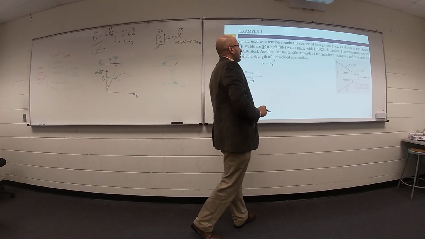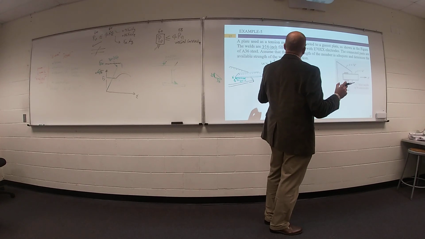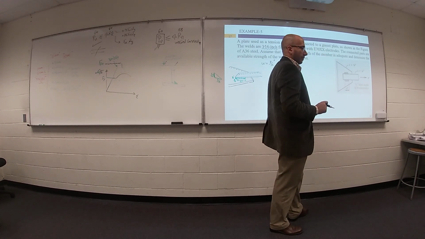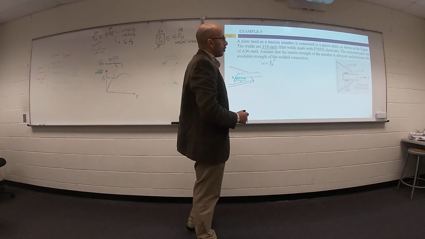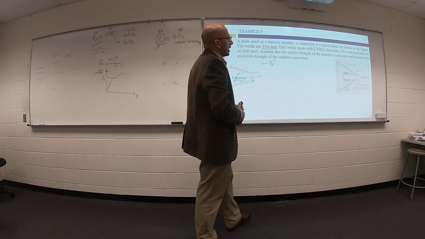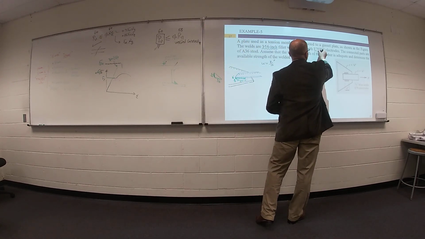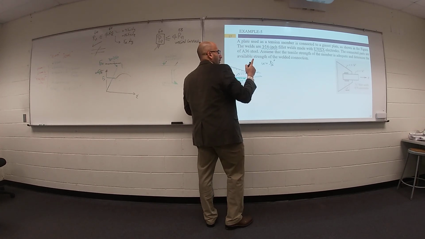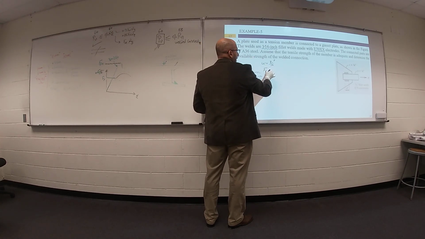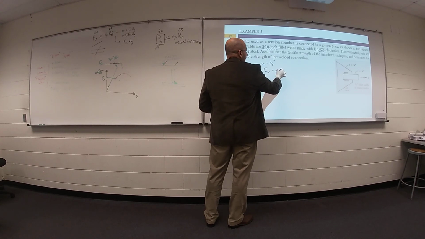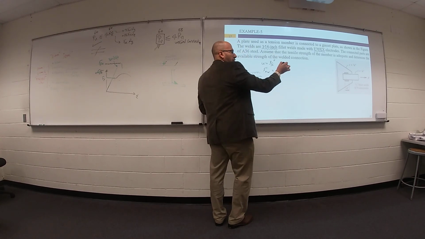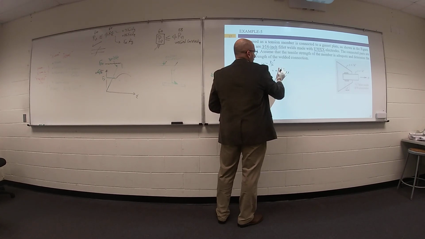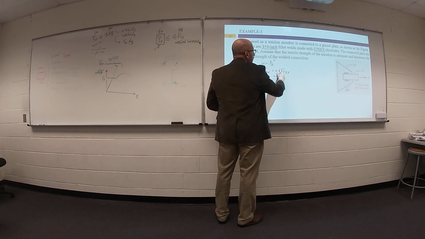Second information, the fillet weld made with E70XX electrodes. I went to the store and I found the available electrodes with this type. So FNW equals 0.6 FEXX.